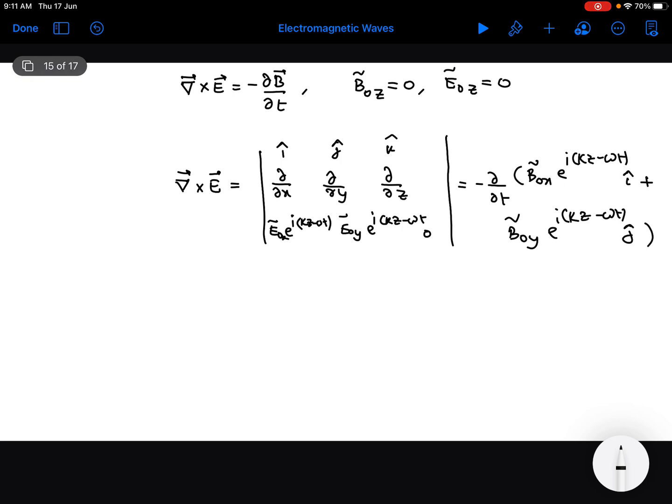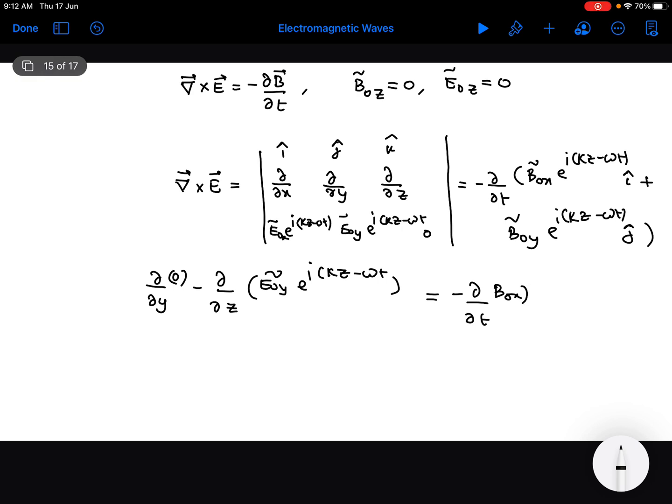So, what we do is compare the i-th component and the j-th component. First, the i-th component: ∂/∂y of 0 minus ∂/∂z of E0y exponential of i(kz minus omega t), which is equal to minus ∂/∂t of B0x times e to the power i(kz minus omega t).